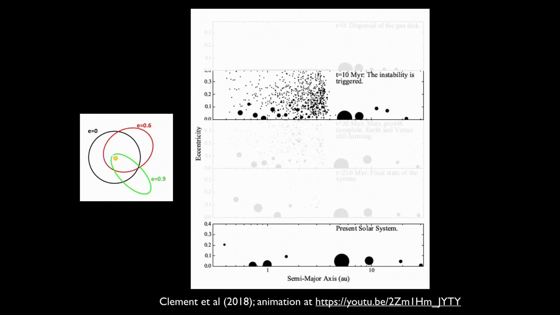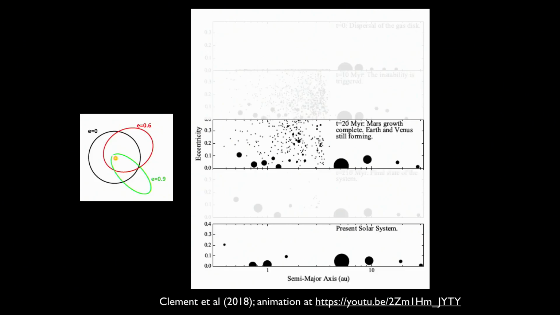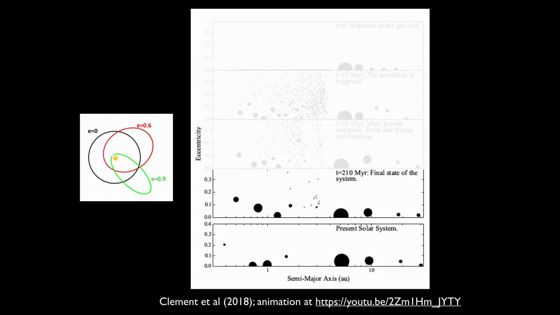Then a few million years later, 10 million years later in this case, the instability was triggered among the giant planets. And that really excited the asteroid belt. The orbits of the asteroids get really excited. A lot of material from the asteroid belt got cleared out following that. And Mars, even the Mars region is affected. And within 20 million years, Mars's growth is completely stopped.